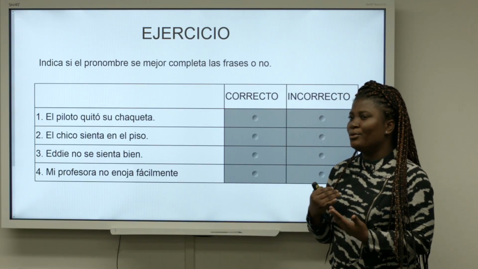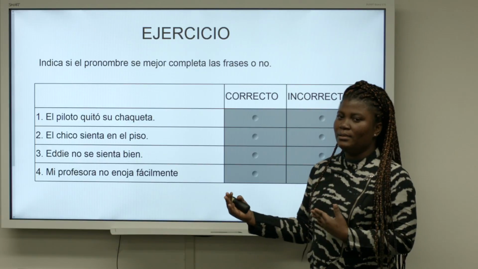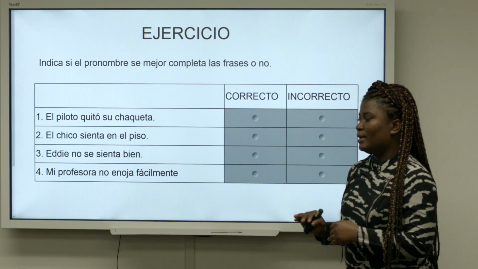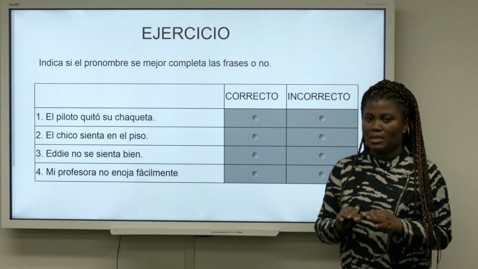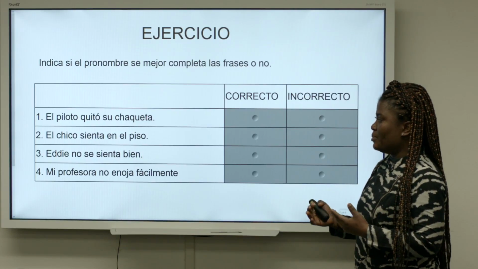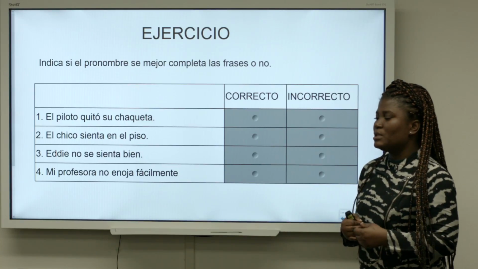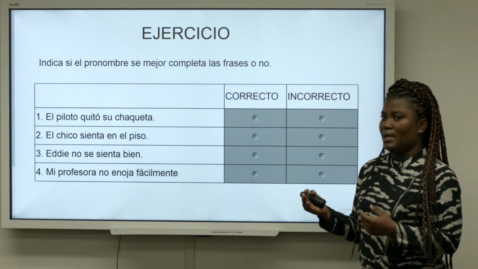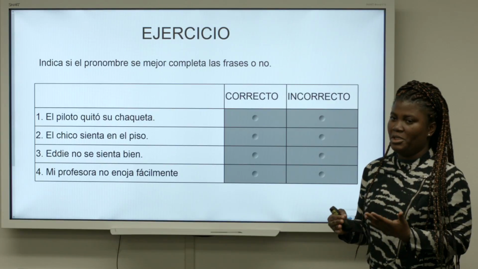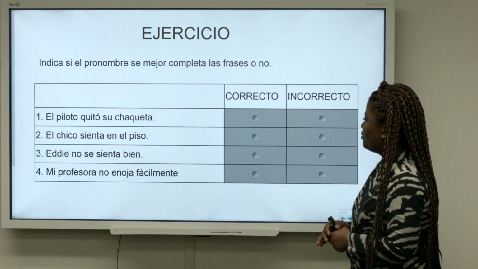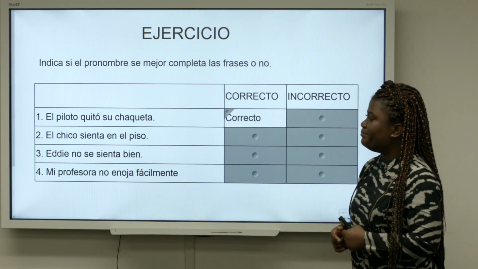His jacket. So the pilot and the jacket are two different things. It means that the sentence is correct. Quitar on its own is just any other regular verb conjugated in this sentence. But when you use it with a pronoun se, it becomes a pronominal verb, and you can use it in other instances to mean other things. Okay, so this is correct.